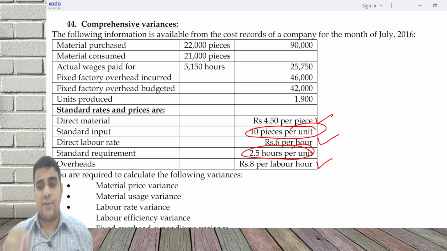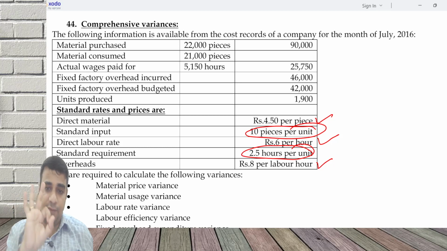Exactly 10 minutes for you. Get me the computation table for material variance, labor variance, fixed overhead variance. Three variances. You will have to get the computation table.